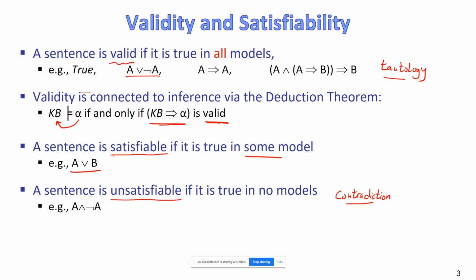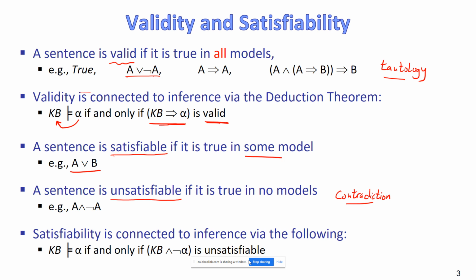Now, how is that connected to inference? It's connected to a very important theorem. The theorem says that the knowledge base entails alpha if and only if the sentence knowledge base and not alpha is unsatisfiable.